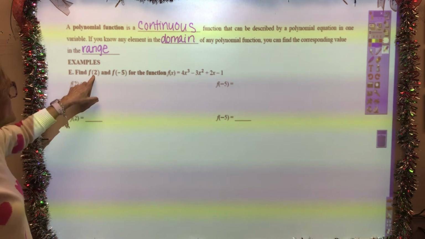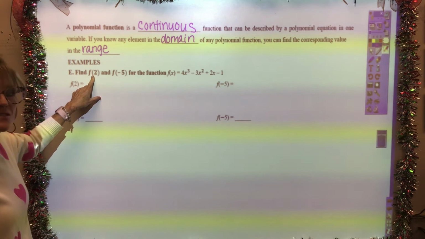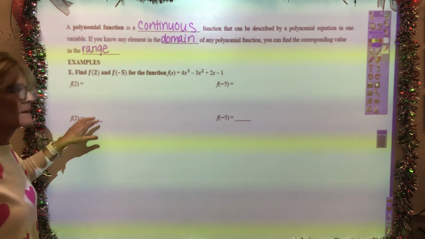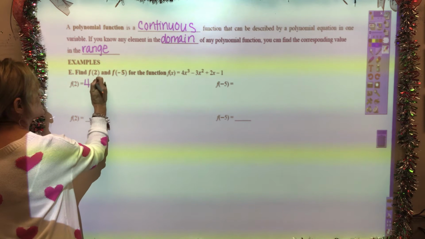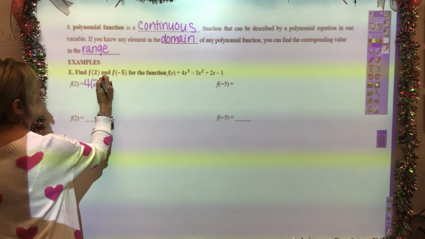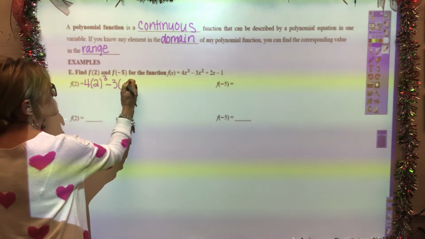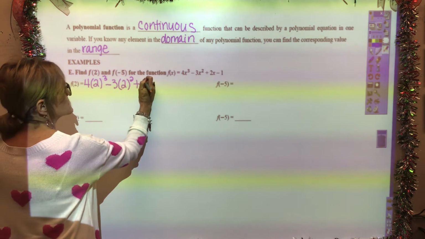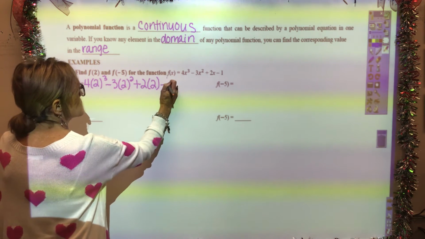If the domain is x, or if x is 2, what is y, or what is f of x? So we would rewrite this as 4 parenthesis 2 cubed minus 3 parenthesis 2 squared plus 2 parenthesis 2 minus 1.